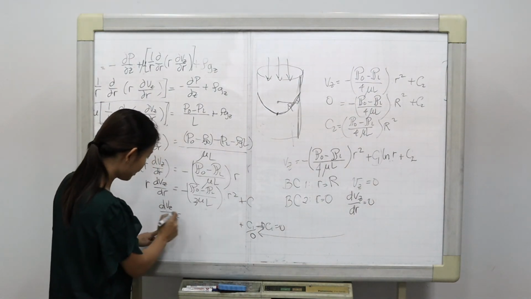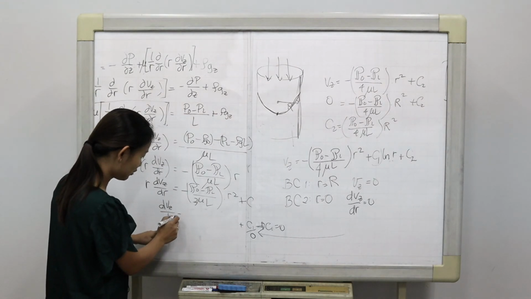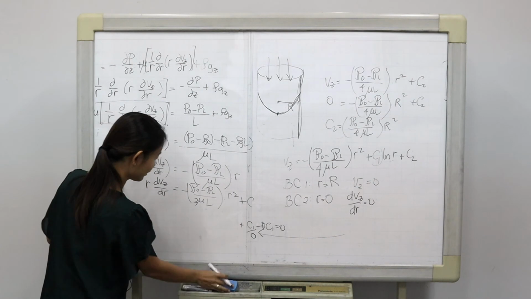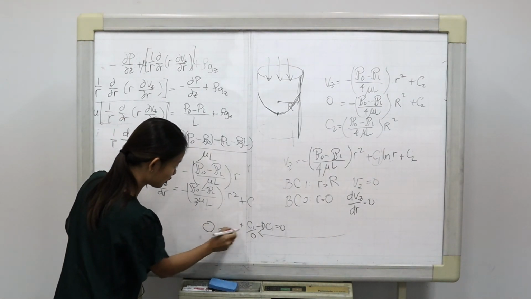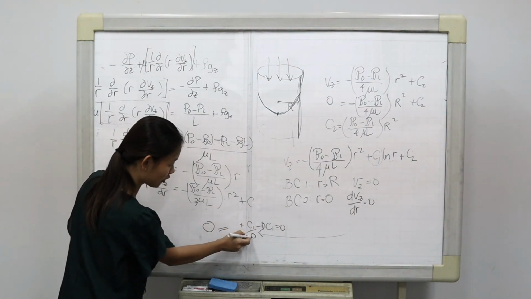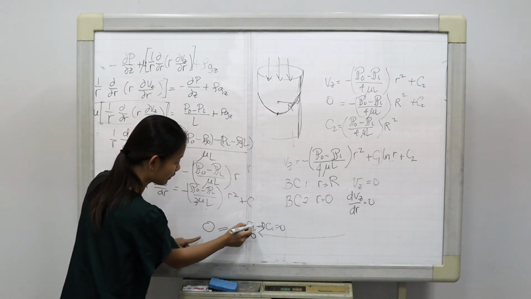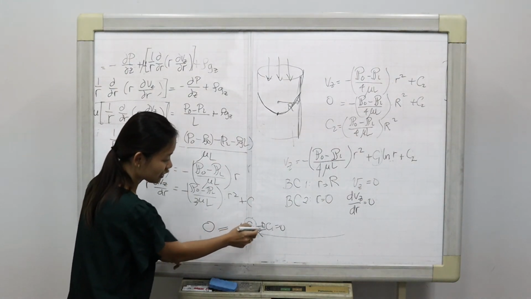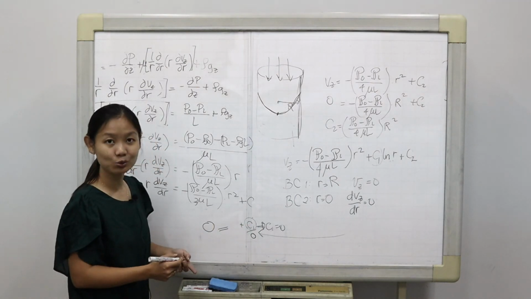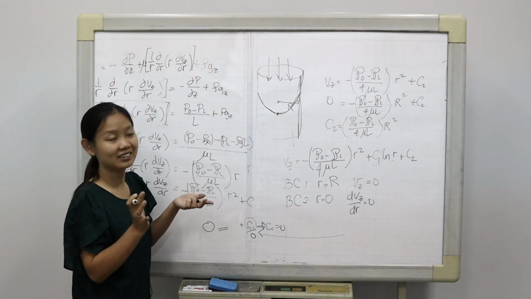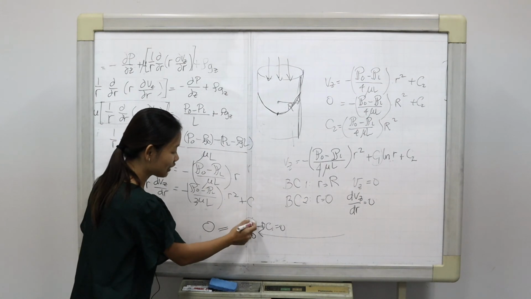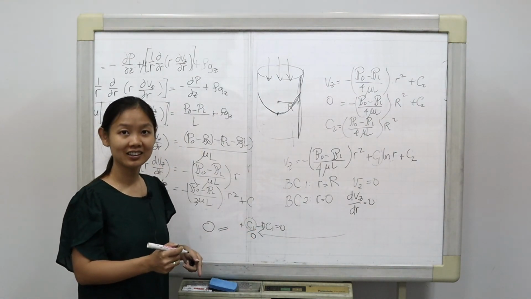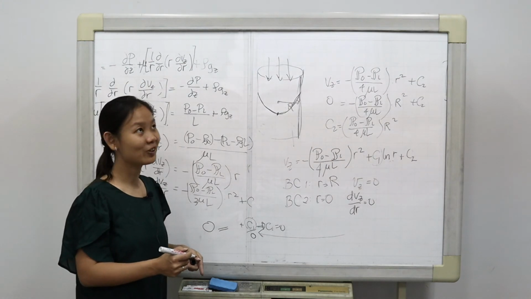So now we have dVz/dr is 0, equal to C1 over 0. The way to get 0 is by determining that C1 is 0. If C1 is not 0, for example 1 or 2 or some other number divided by 0, it will give us infinity, or undefined.